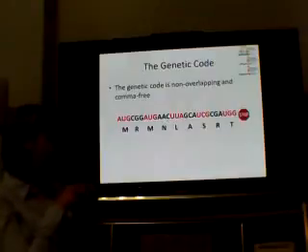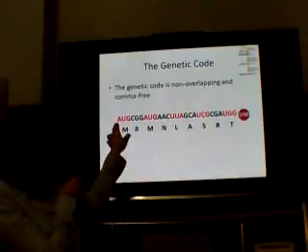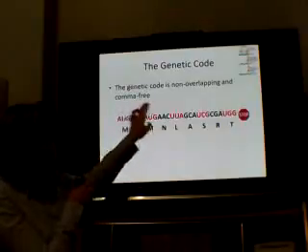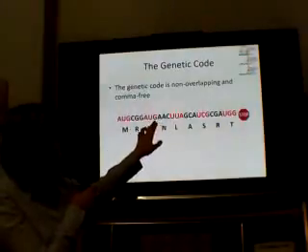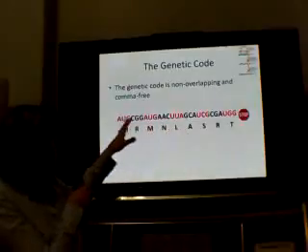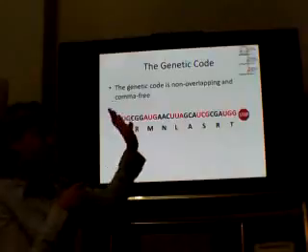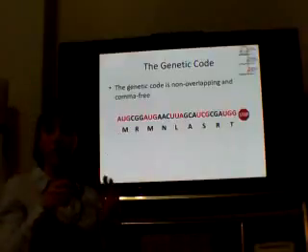So we have 3 AUG, then the next 3 CGG, then the next 3 AUG, then the next 3 AAC, and so on. The code does not ever go AUG, UGC, GCG. That doesn't happen. It's always sets of 3.